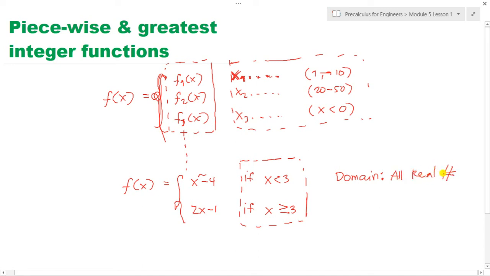Mora na siya pinaka-simple class sa piecewise function. All real numbers. How about the range, class? So, butang ta. Range, ani?